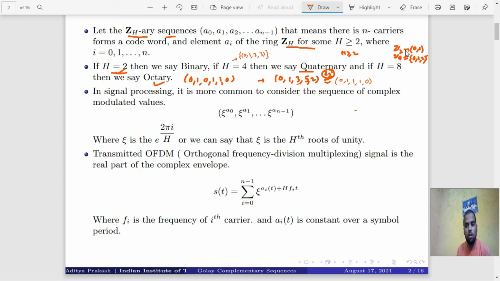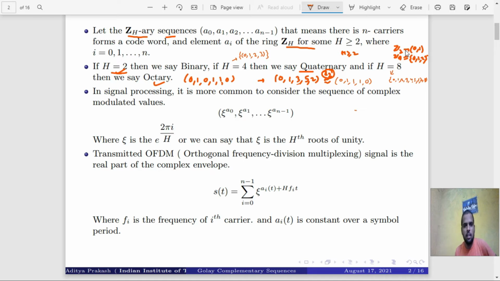If we get a 4, we divide by 4, get remainder 0, and replace it by 0. Similarly, for h equal to 8, the sequence elements will be 0 1 2 3 up to 7. This is the basic concept of the elements present in the sequence.